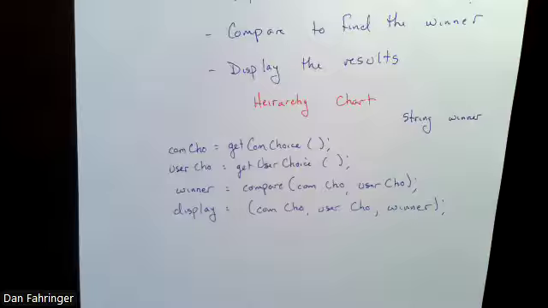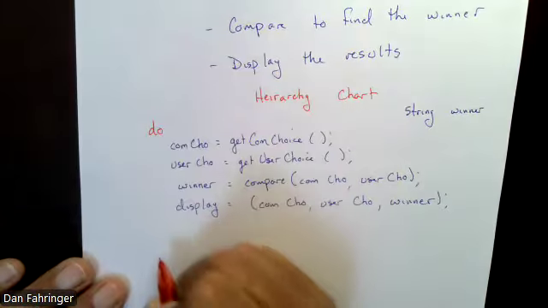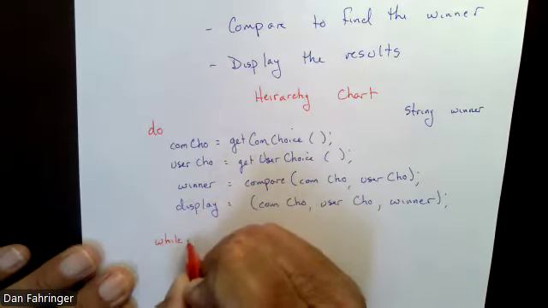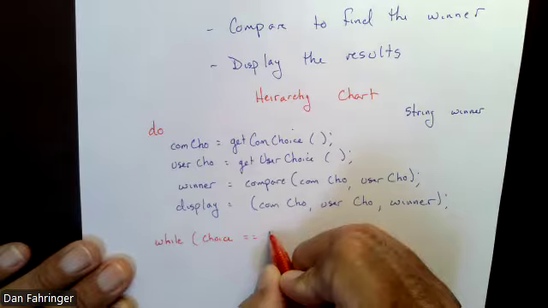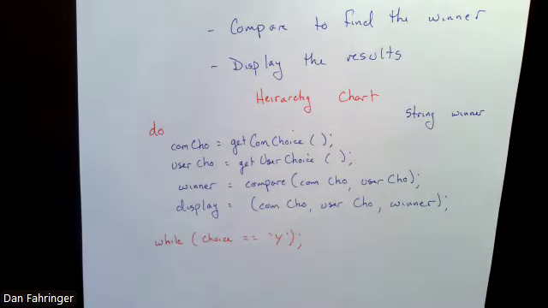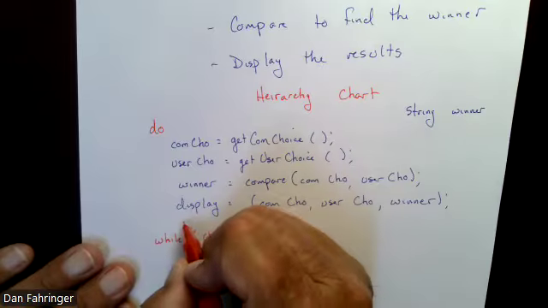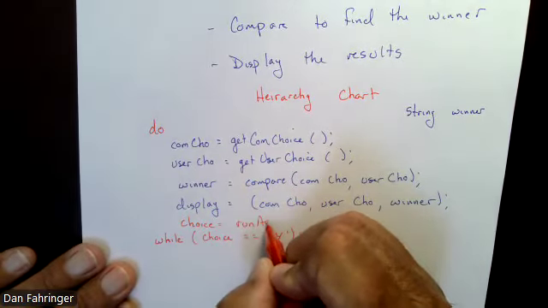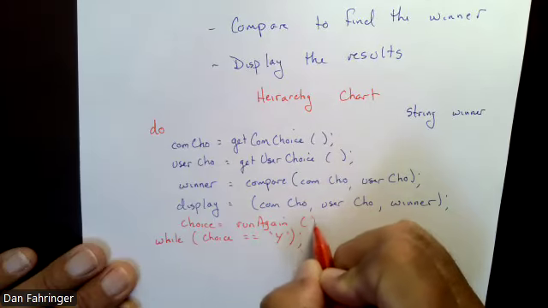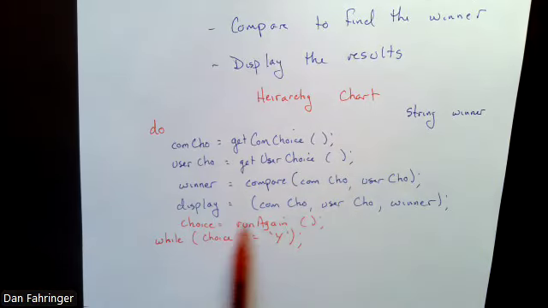Now, could I later do something like do while choice equals capital Y and have another method thrown in here, choice equals run again. Wouldn't that be nice to have tucked away in a method as well? So what I'm going to have you do is a program that's going to play the game.